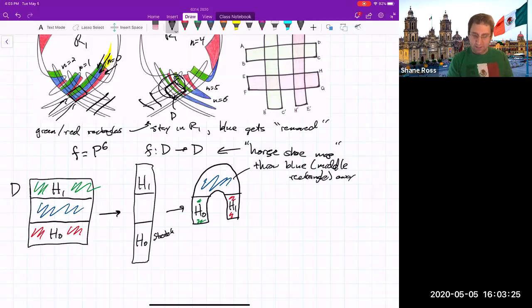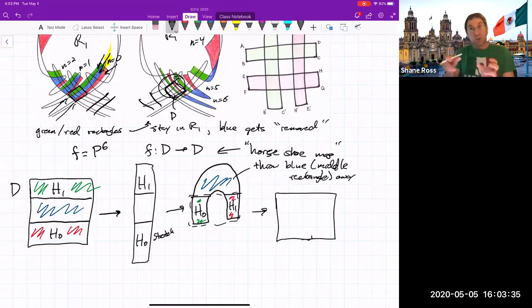We take this and intersect it with the original square. Because we stretch this into a horseshoe shape, this is the stretching and folding into a horseshoe.